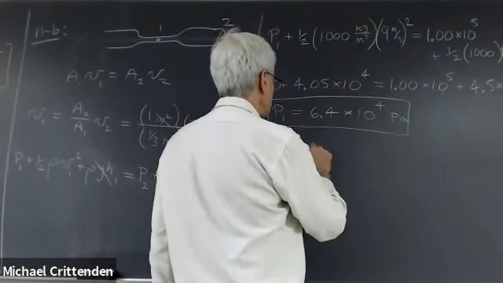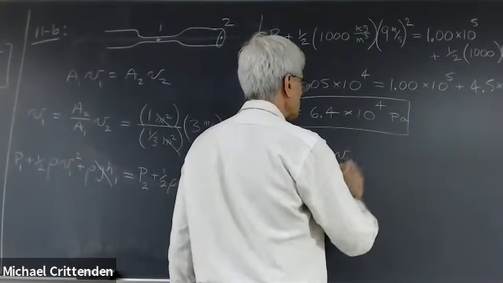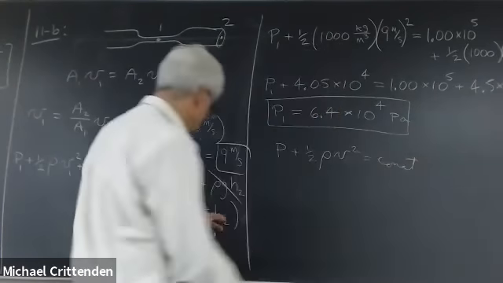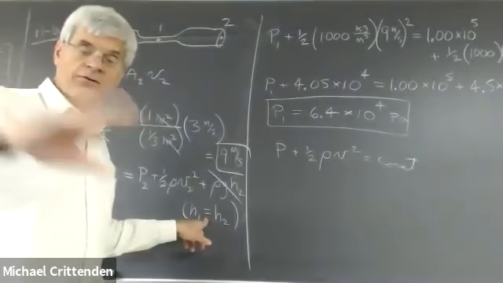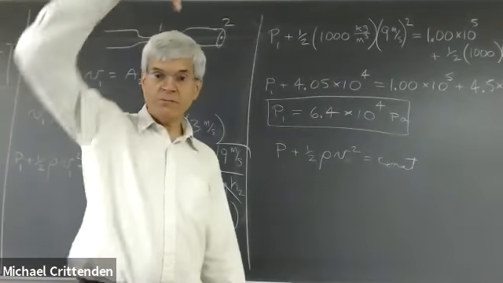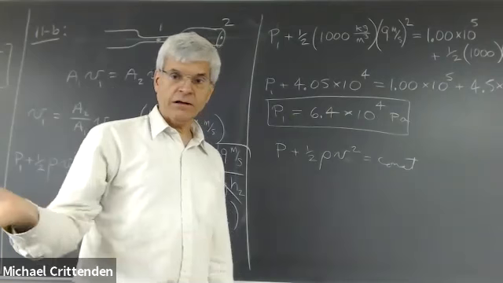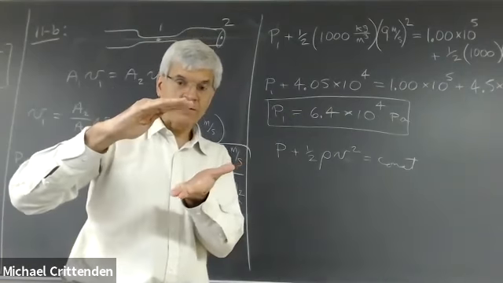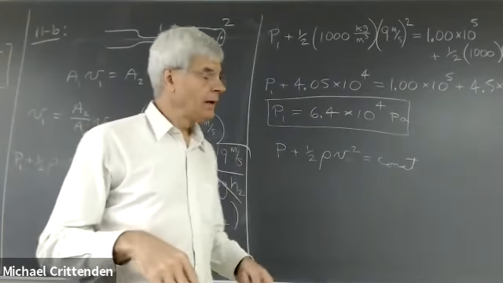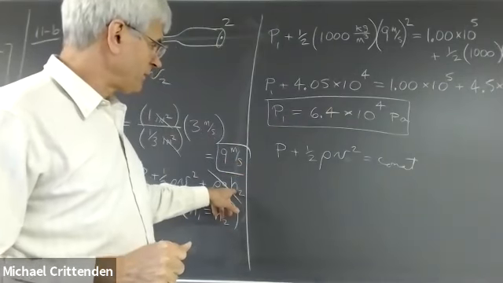Pressure plus 1/2 rho v squared is constant, assuming there's no significant difference in height, which even in an automotive carburetor where the air flows down vertically instead of horizontally, how much of a difference in height is there between the top and bottom of a carburetor, really?